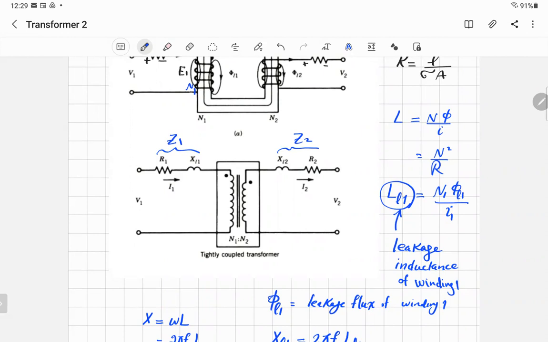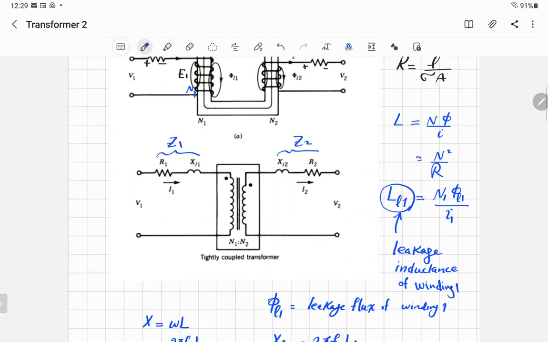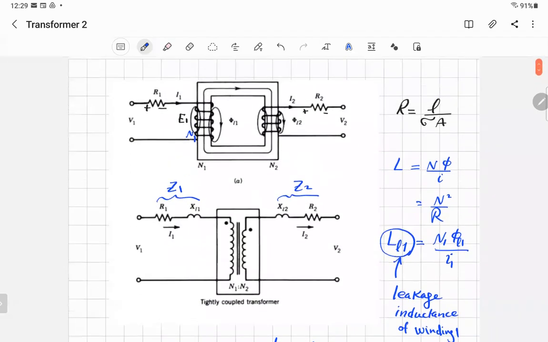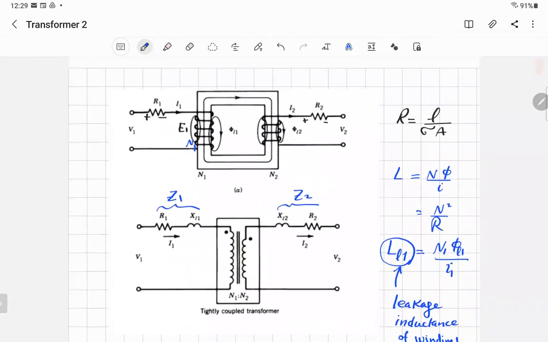So how can I represent it? Let me write this one, call it phi m. That's the mutual flux. Why do I call it mutual flux? Because it's the flux connecting both windings, 1 and 2. How can I represent it in our model?